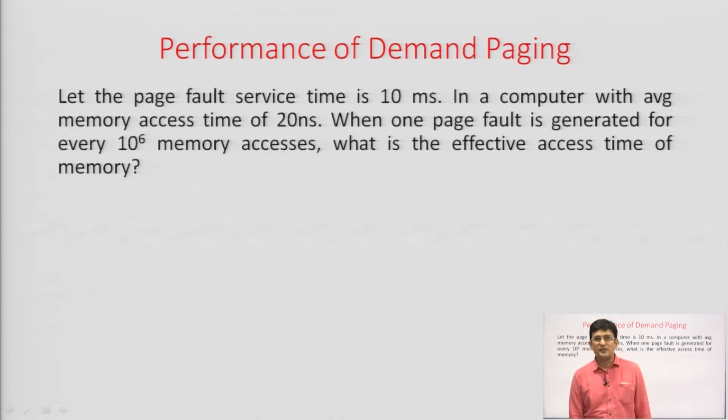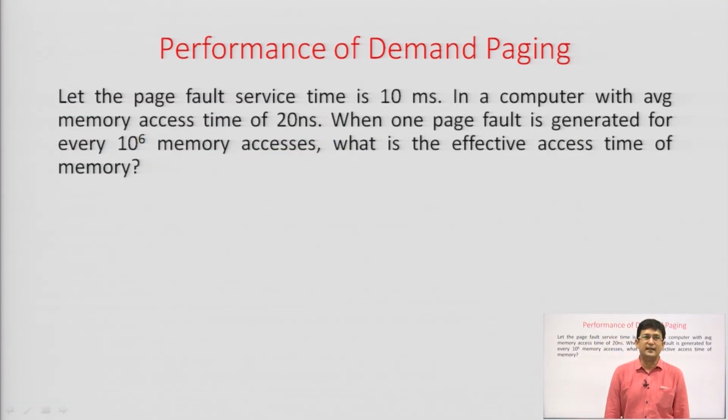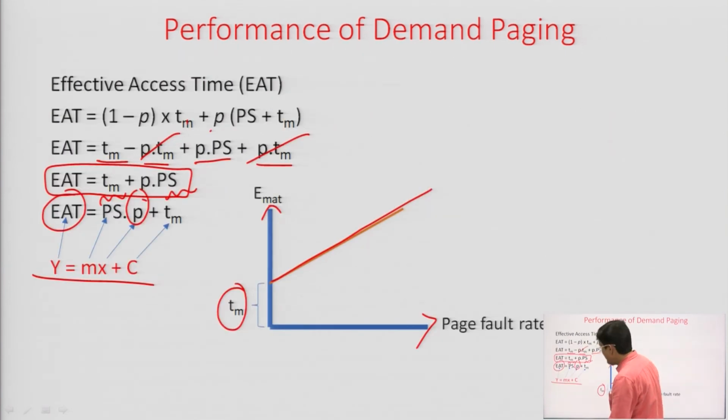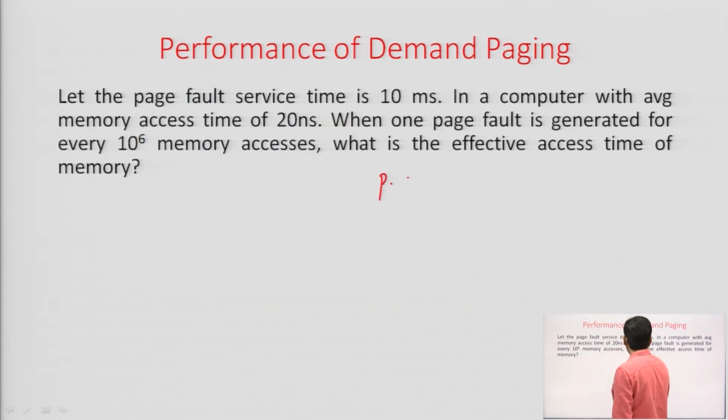Now, here is a small example by which you can understand how to apply this formula. The formula is effective memory access time equals p into Ps plus Tm. In this numerical, the page fault service time is 10 milliseconds, so 10 into 10 raised to the power minus 3.